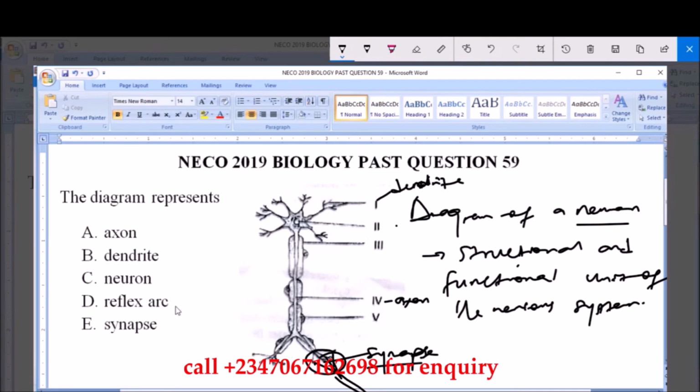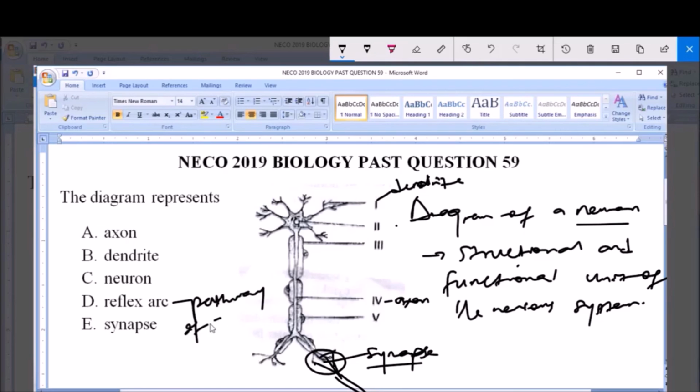Reflex arc is just the pathway of a reflex action. And I believe we know what reflex actions are. That is an involuntary action that is not controlled by us, we don't control these actions. So the pathway of this reflex action is the reflex arc. But this diagram here is the diagram of the neuron or the nerve cell, and that is option C.